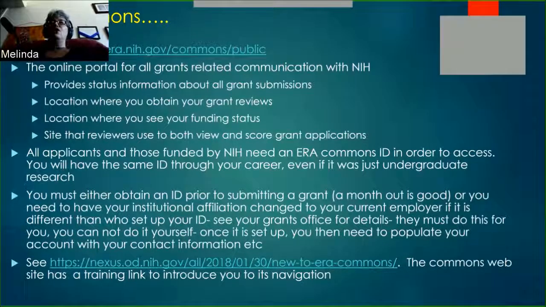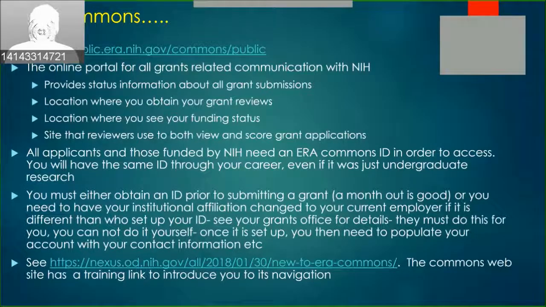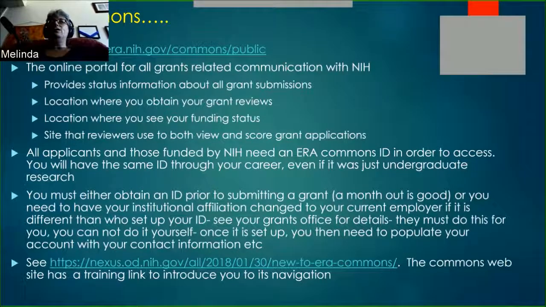NIH is really putting a lot of emphasis on tracking where trainees go. So if you've ever worked on an NIH-funded project, you're going to get an ERA Commons ID, and that is the same ID you would have through your entire career. If you had one as an undergraduate researcher, it is also the same one you would be using as a faculty member, because they want to look at whether you have been touched by NIH funding in the past as a trainee, and how that parses into being touched by NIH funding as an independent investigator.